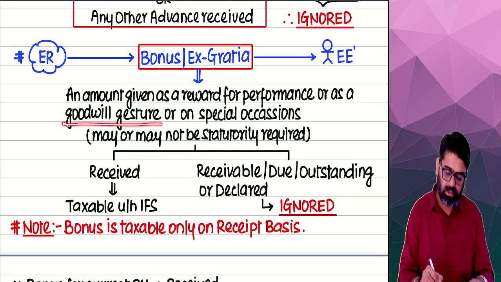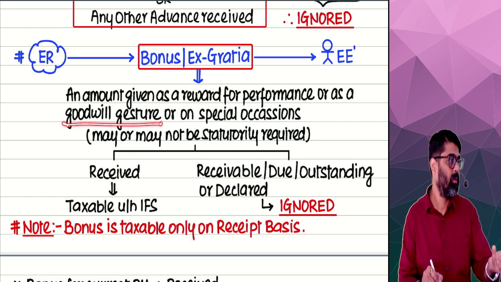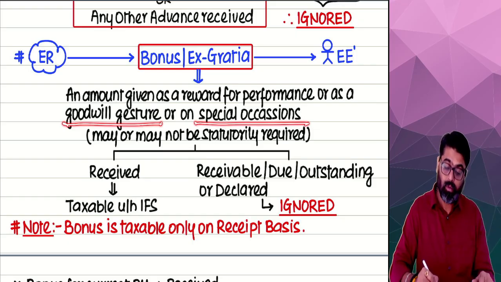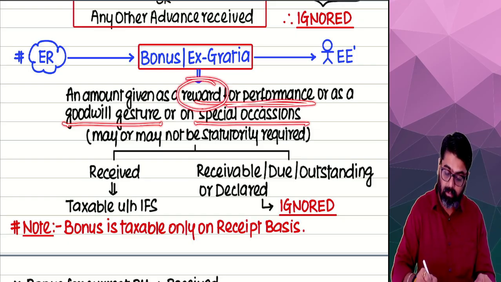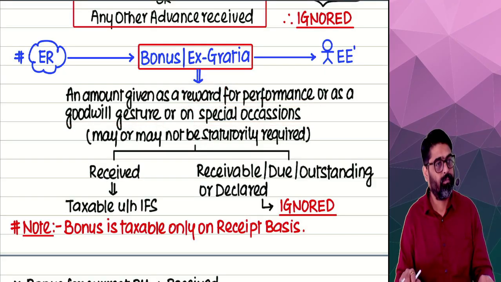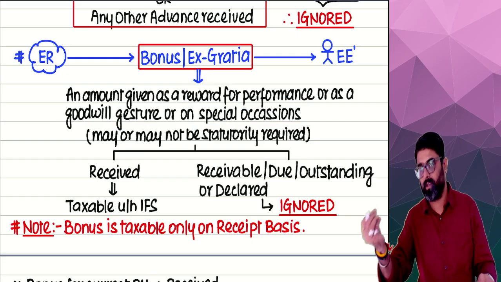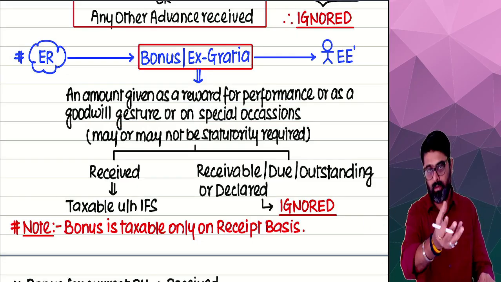As a goodwill gesture, the employer can give you, or on special occasions, or for your performance, it can be given as a reward also. You're doing a good performance, take bonus. Some special occasion, Deepavali is coming, take bonus.